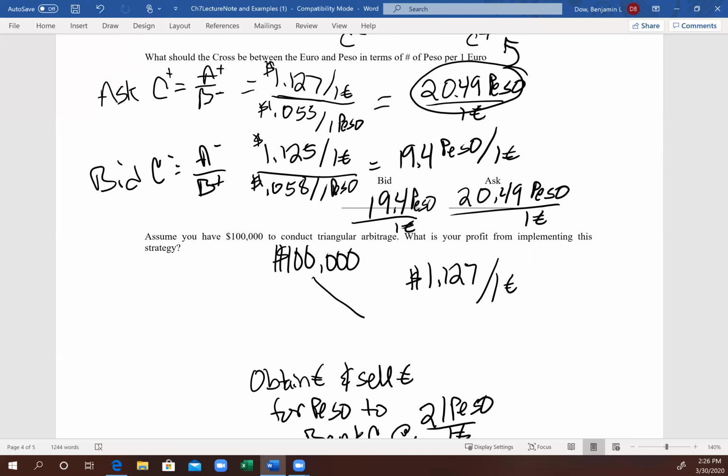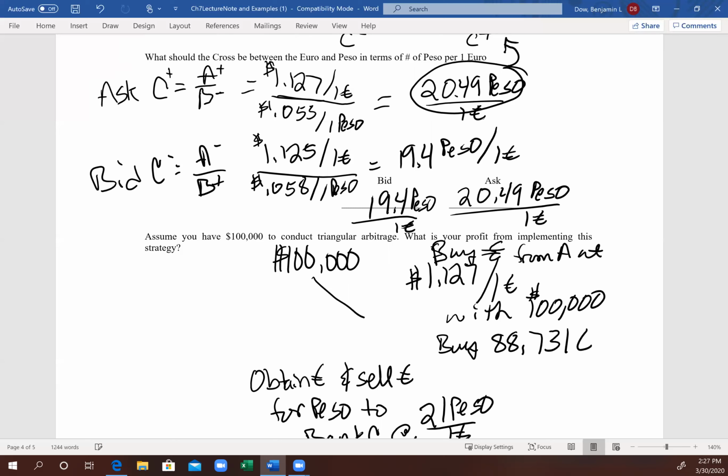So with $100,000 and each one costing more than $1, I can obtain 88,731 euros. And that starts us on our triangle. And that's leg one.